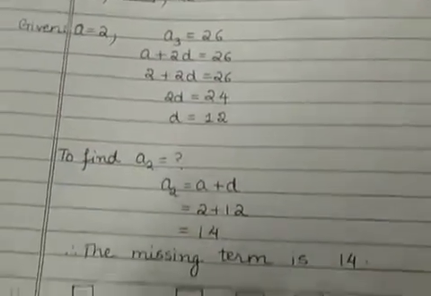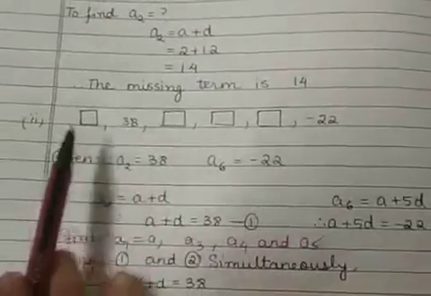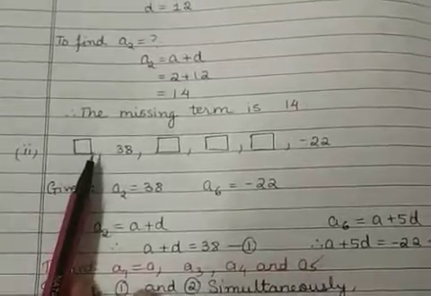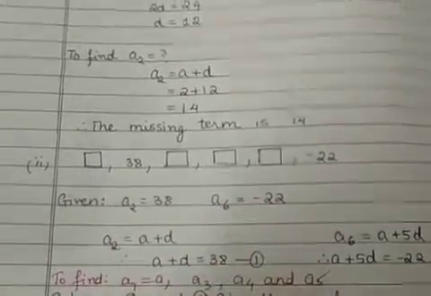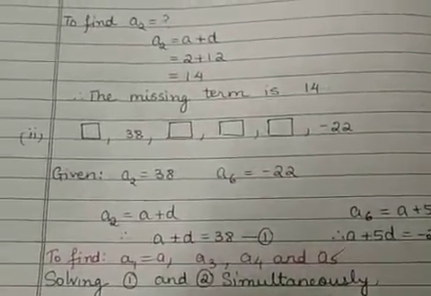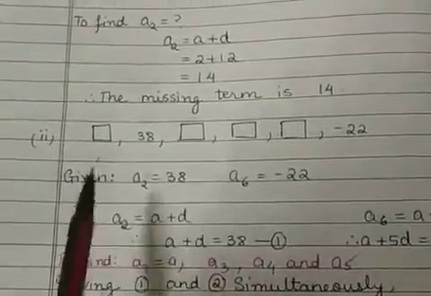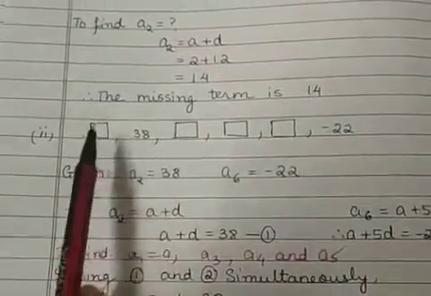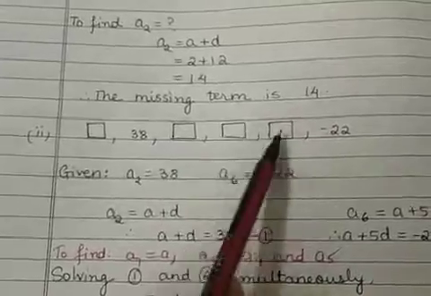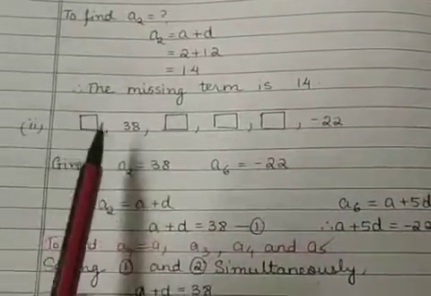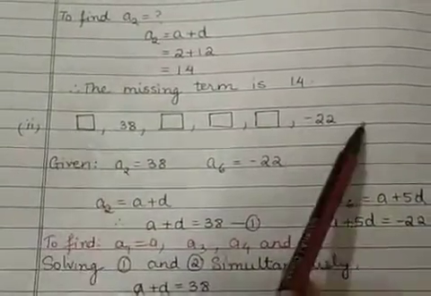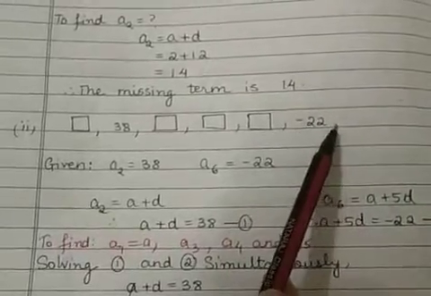Now let us solve another question of a similar type. Here you are given this AP and you have to again find the missing terms. In this AP, how many terms are missing? 1, 2, 3, 4 terms are missing. This is also a finite AP because you know the last term of this AP.